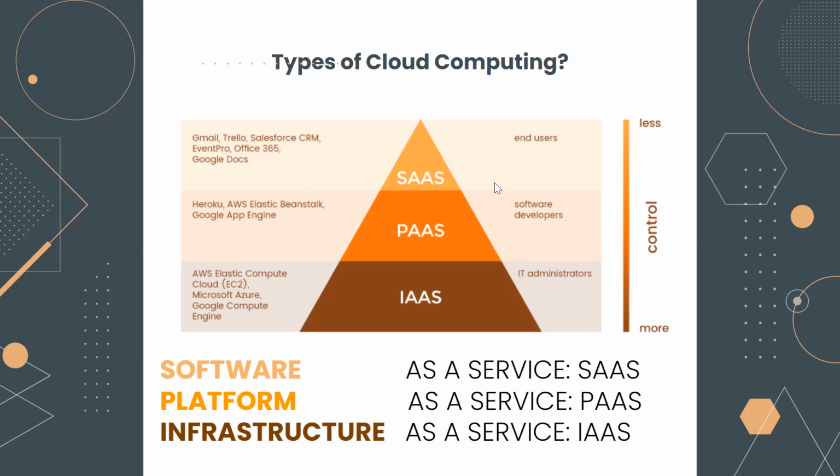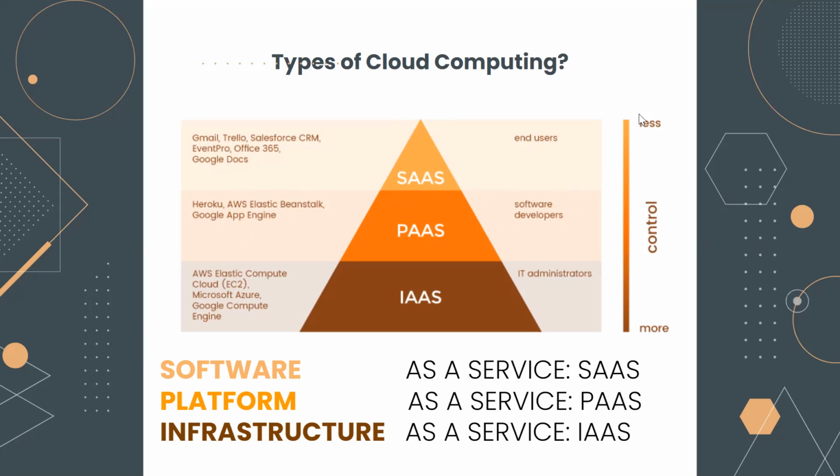This gives a little more leeway to software developers. These are items like Heroku, if you guys have used that before, a popular web platform for development, AWS Elastic Beanstalk and the Google App Engine. These are not as prepackaged as the software as a service items, so you have more control.